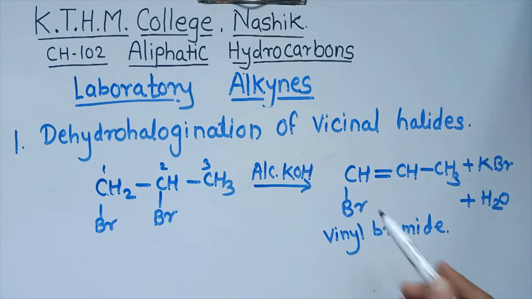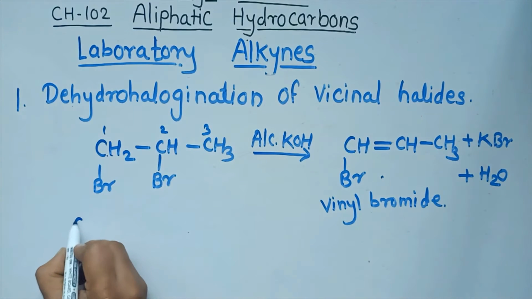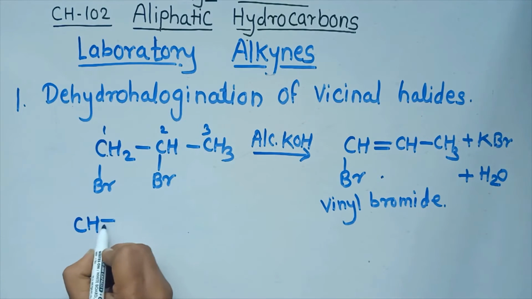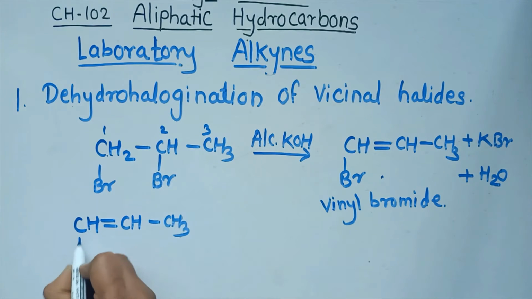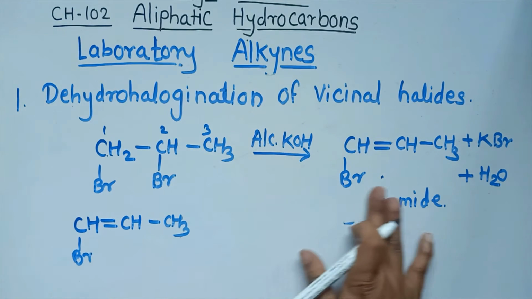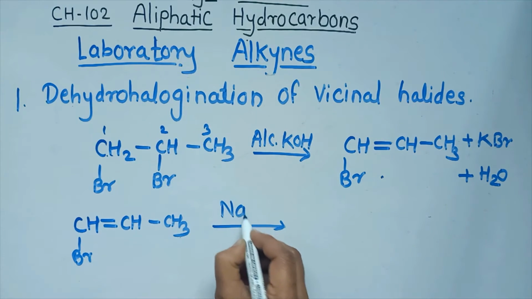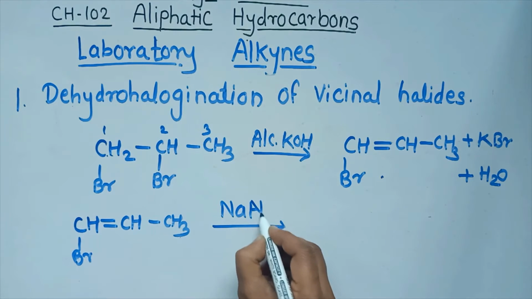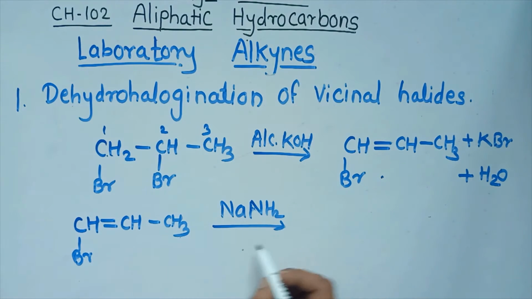Okay, this vinyl bromide, CH double bond CH3, reacts with the strong base NaNH2 or KNH2. These are the strong bases.